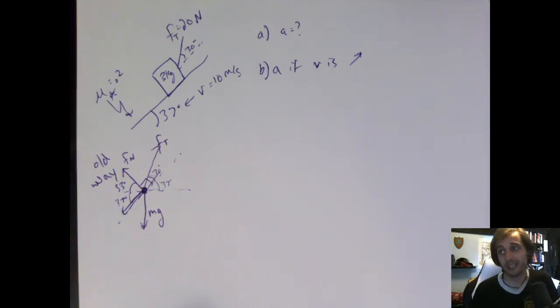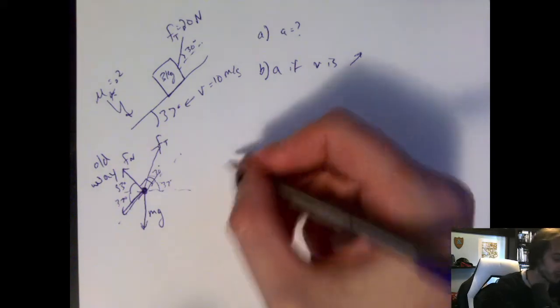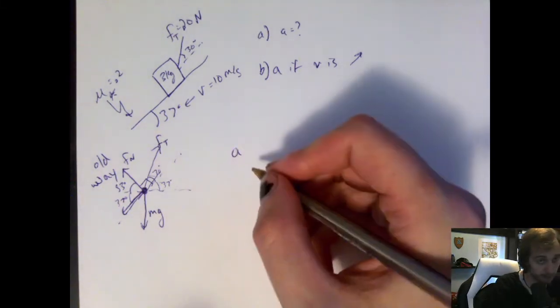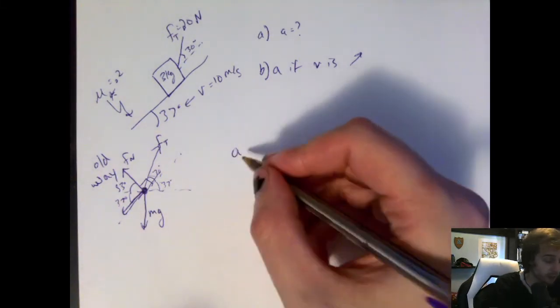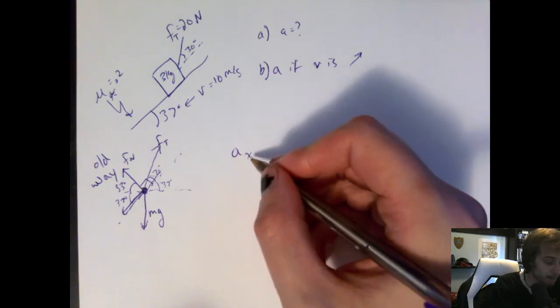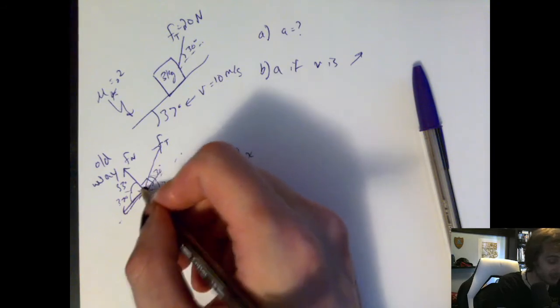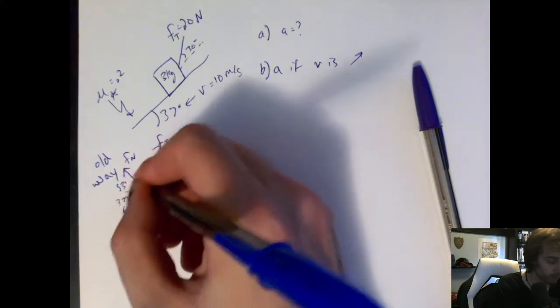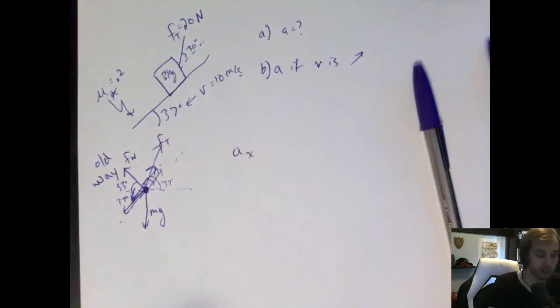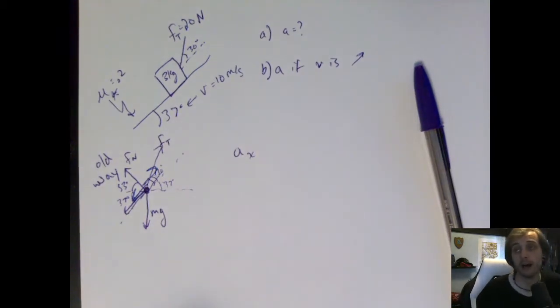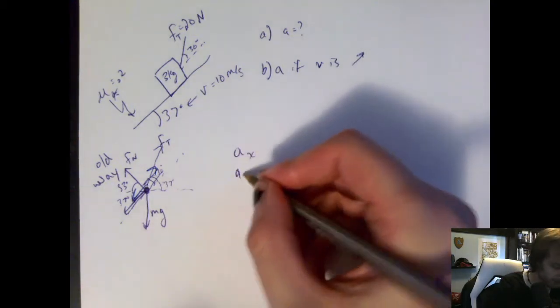The big problem here is that our variables in all of this are going to be the acceleration, which we don't know, and because it's going to be accelerating in either this direction or this direction, depending on whether friction or tension is bigger, there's going to be some component of the acceleration in the x direction, and some component in the y direction.